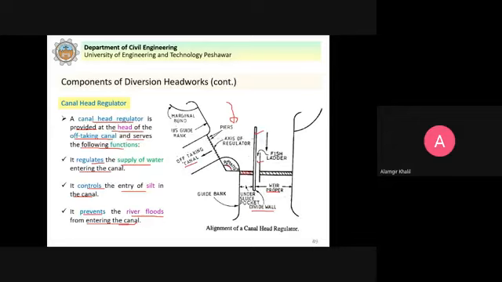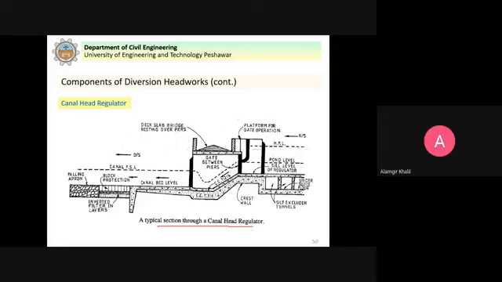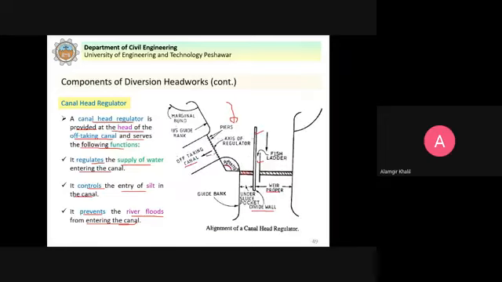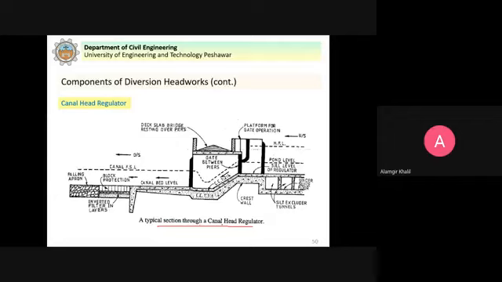So this is a typical section through the canal head regulator. You take a section here. This is what is shown here, a typical section through a canal head regulator.